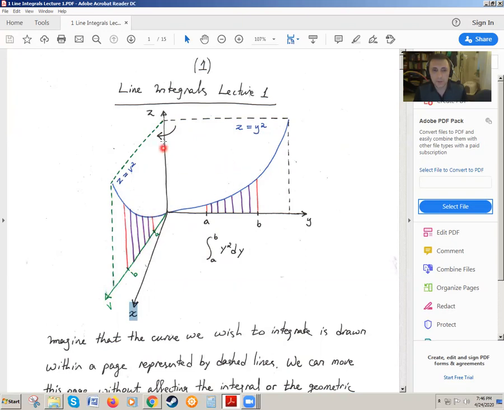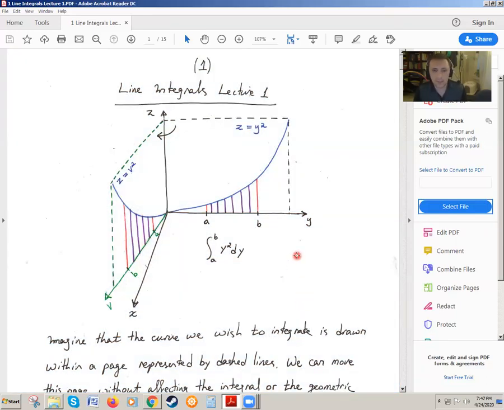If I just took this and rotated it around z somewhere, then I still have the same picture. I still have the same rectangles, so I still sum up the thin areas of the rectangles that I can stack underneath the curve z equals v squared. I just relabeled it. I changed the letters from y to v, but that's just a cosmetic change. The meaning remains the same.